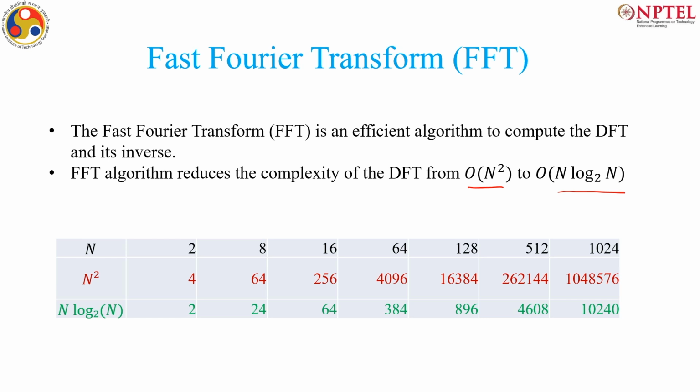And to give you a better understanding, let us see that if we are doing n log n and n square, see how much this is reducing. As your n is increasing, you see your n square is too much here, but your n log n is still reasonable and it is still quite less compared to n square for a value of 1024.